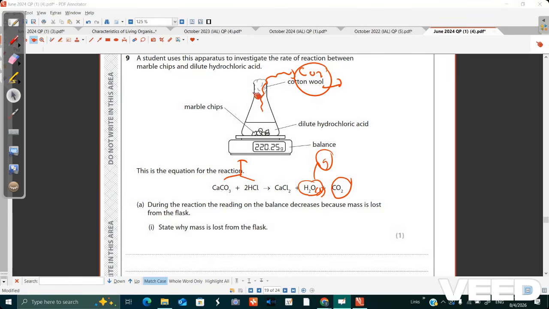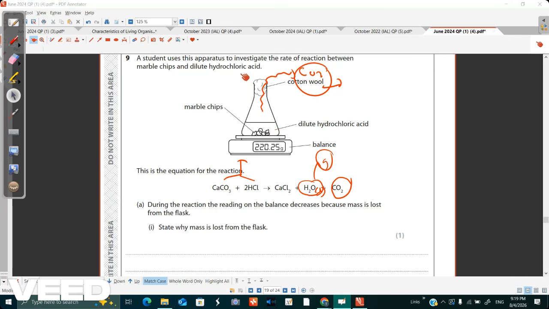That is why we have cotton wool, to stop carbon dioxide from the atmosphere from coming in. Otherwise, the carbon dioxide from the atmosphere could come in and form calcium bicarbonate. You don't need to think to that level, but that is why you have a bung with this. Still, carbon dioxide can come through, but from inside, carbon dioxide is released.